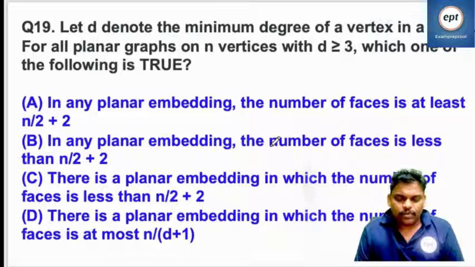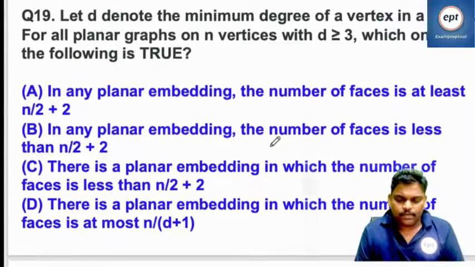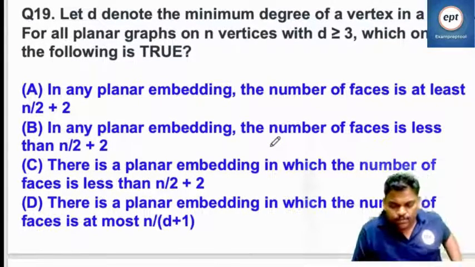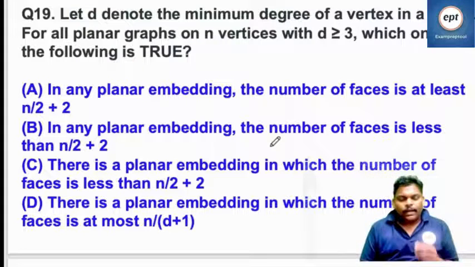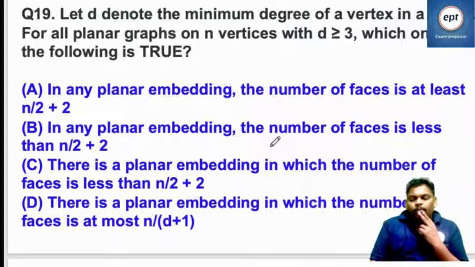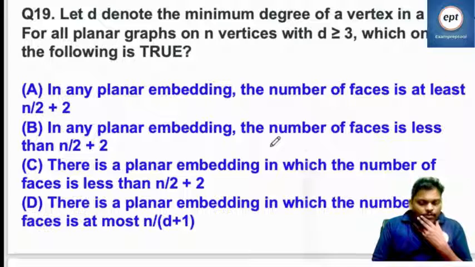So try this one. This also try. Let D denote the minimum degree of a vertex in a graph. For all planar graphs on n vertices with D greater than or equal to 3, which one of the following is true?